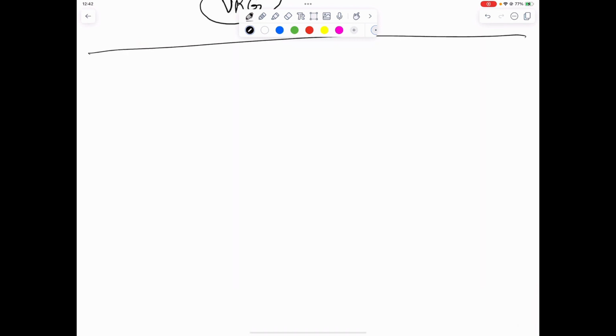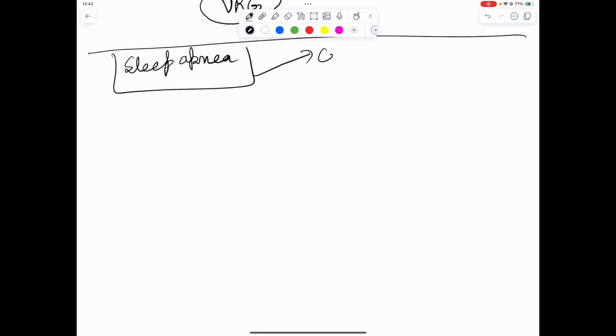Now we come towards sleep apnea. The question would be how to differentiate between the central cause and the peripheral causes of sleep apnea. What is central apnea? When there are no impulses from the central CNS. What is peripheral?